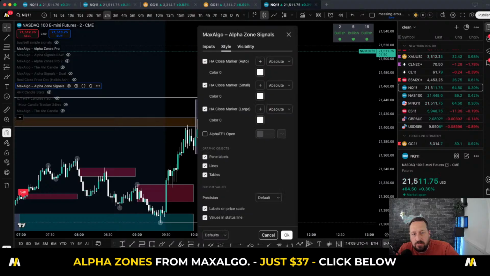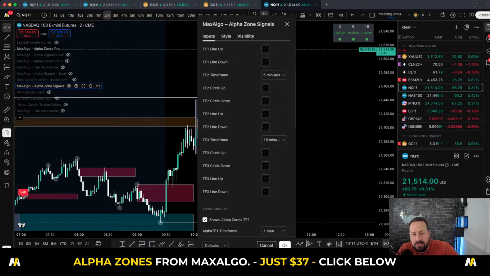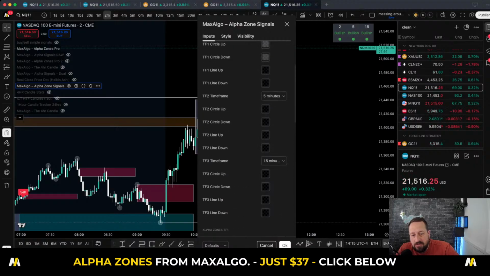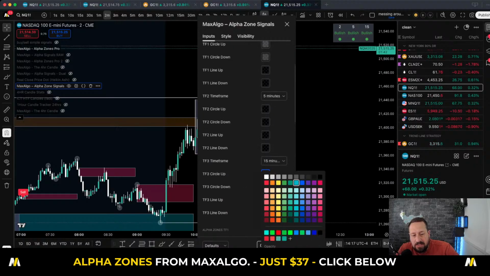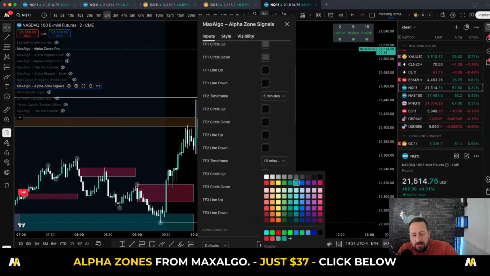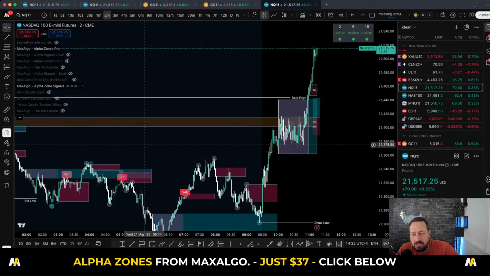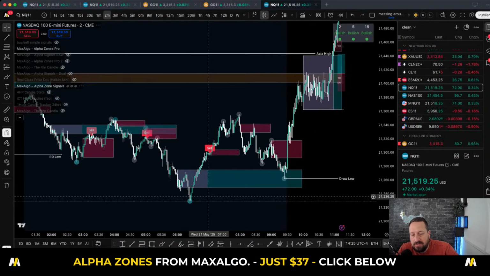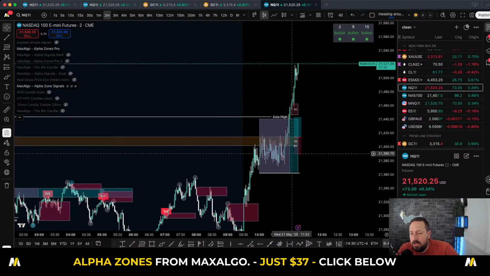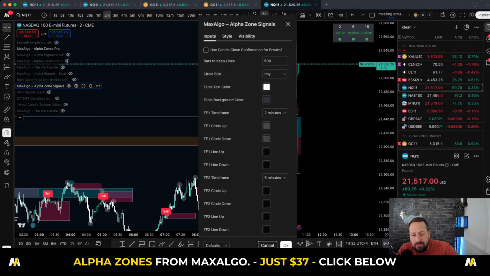I can change those levels, so I can update what I want to use. If I want to show the levels, again, just turn on the opacity. This is our 15-minute levels, right? And then you'll see, look, here's a 15-minute low, here's a 15-minute low, 15-minute high, right? So you can see the structure of the higher time frames as well.